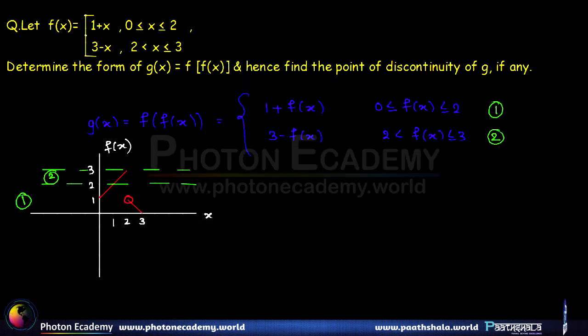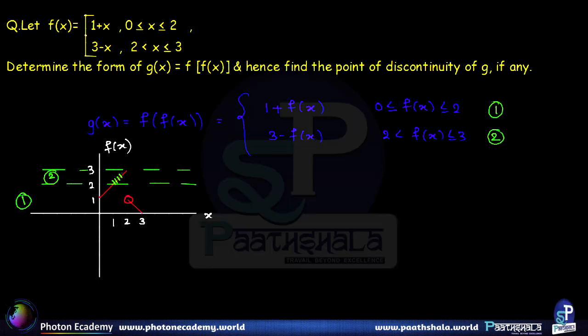So let's see, first let's start with the easy one. Let's see for the interval for f of x between 2 to 3. So it is this part, f of x between 2 to 3, and that's the graph of x plus 1, sorry, that's the graph of x plus 1.